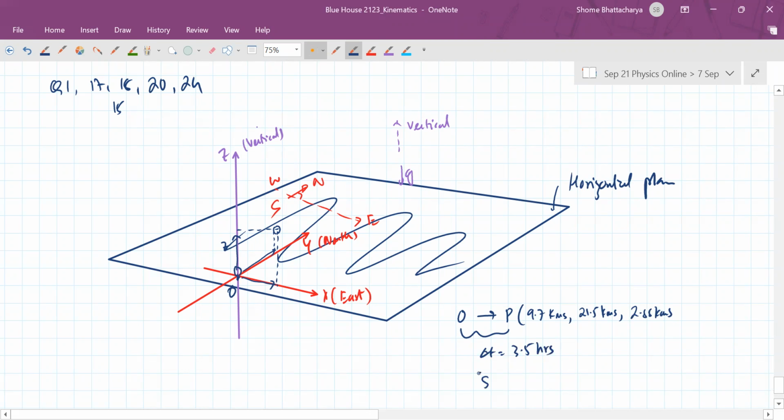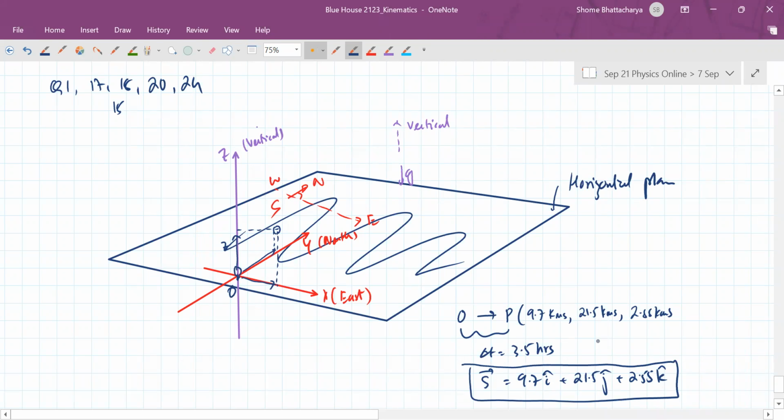So the displacement is 9.7 i cap plus 21.5 j cap plus 2.88 k cap, in kilometers. Sorry, 2.88, my mistake.